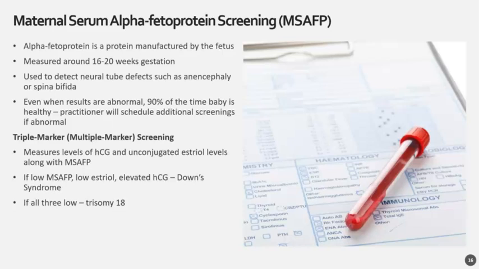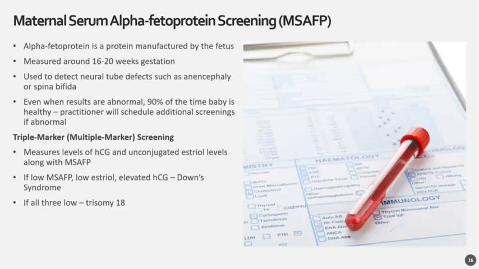Another screening tool that we do is the triple marker or the multiple marker screening. This measures levels of 2 other hormones in conjunction with the MSAFP. Testing that in conjunction with the MSAFP does increase the sensitivity of the test, so hopefully we get more accurate results.